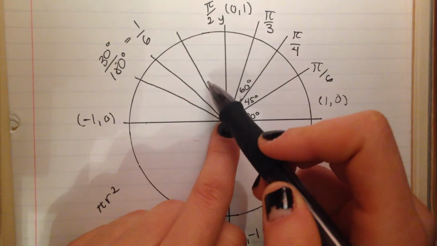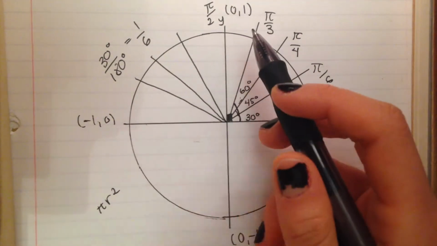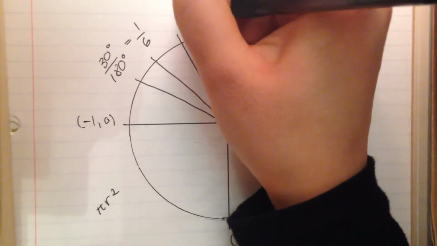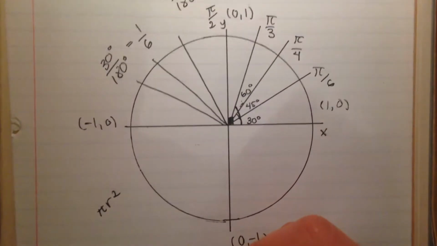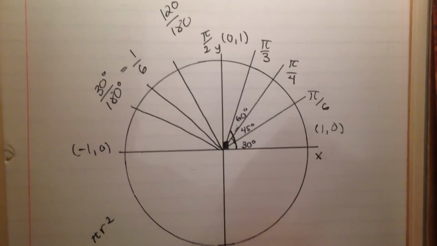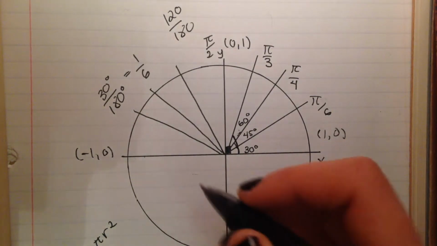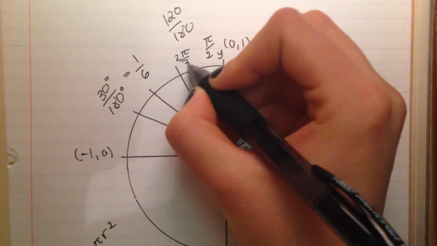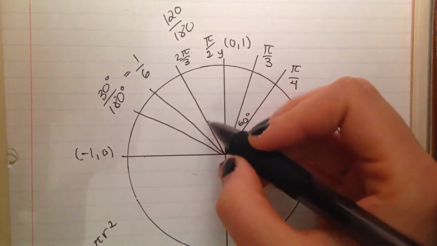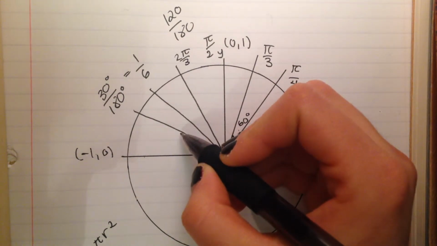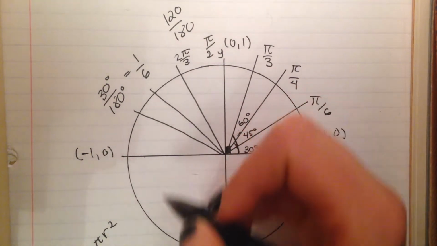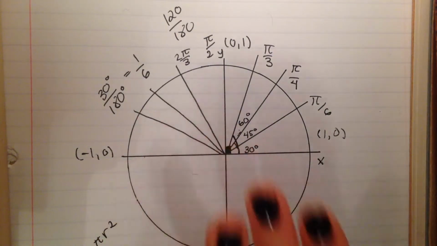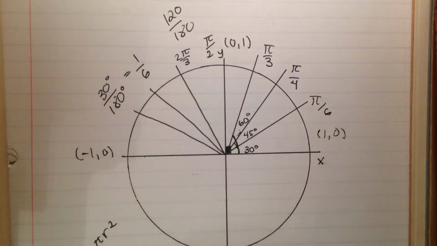So 90 plus 30 is 120, and 120 over 180 gives you 2/3 of pi. So this is 2/3 of pi, and so on. Then this would be 135, and then this would be 150, this would be 180, and so on. If you just plug them in, you'll get all of the values. I found doing it this way helped me a lot.